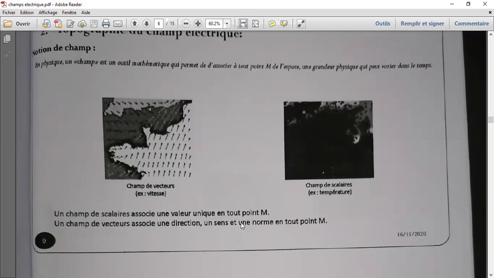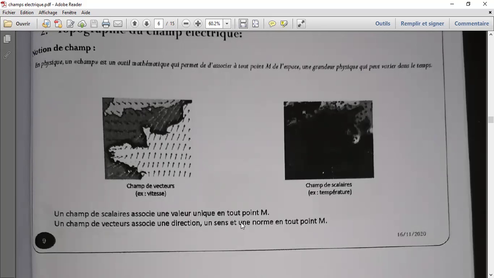So champ scalaire is associated with a unique value at every point M. Then, un champ de vecteur associe une direction, un sens et une norme en tout point M. So a vector quantity has the direction, it has the sense, and it has a norm at all points.